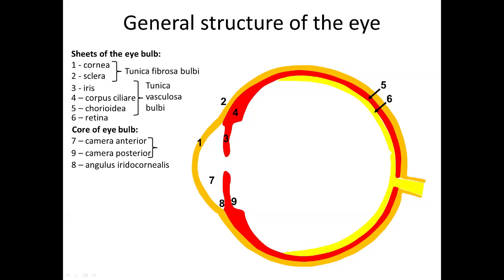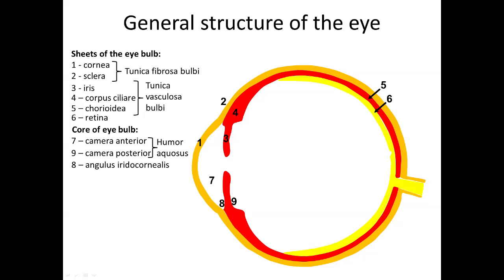Camera posterior and camera anterior together are filled with humor aquosus, a special transparent fluid which plays the role of nourishing the internal structure of the cornea, because there is no vessel in the cornea in norm.